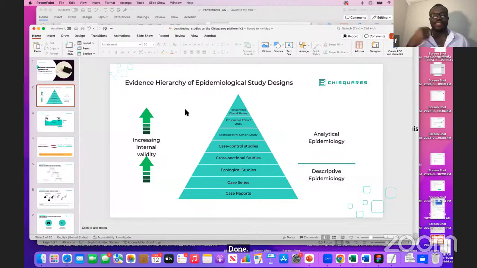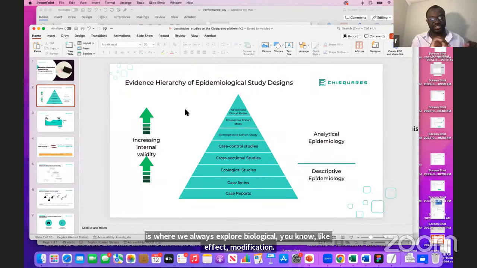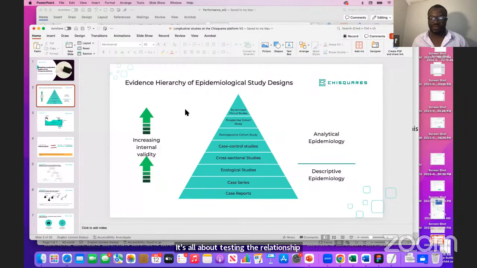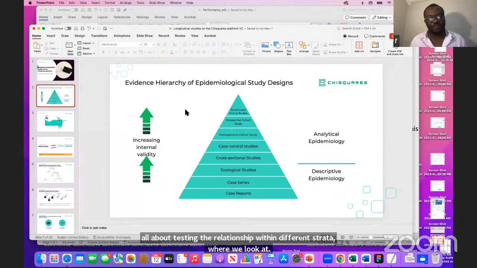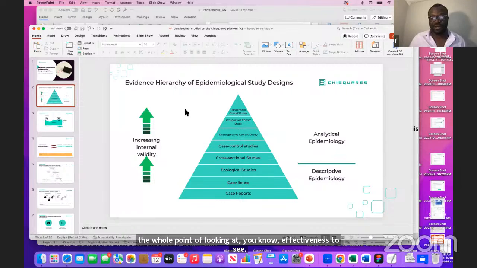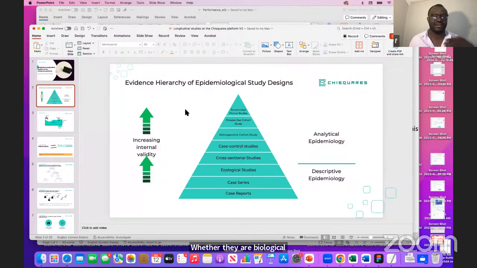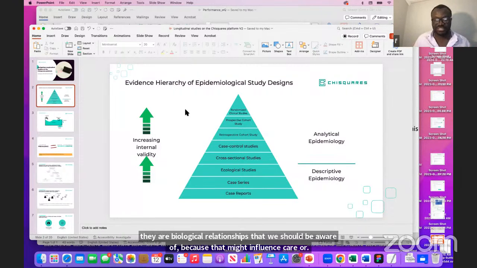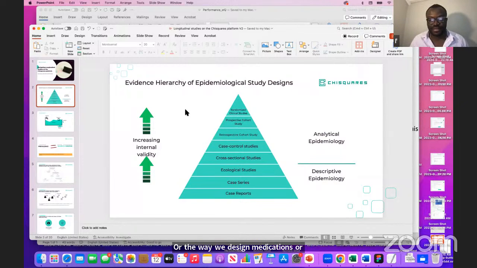That is where we explore biological effect modification. It's all about testing the relationship within different strata, where we look at older adults, younger adults, or males versus females. The whole point of looking at effect modification is to see whether there are biological relationships we should be aware of, because that might influence care or treatment, or the way we design medications or drugs or things of that nature.